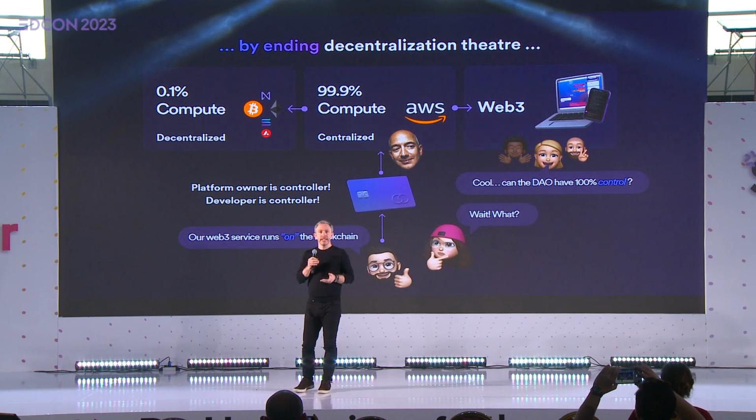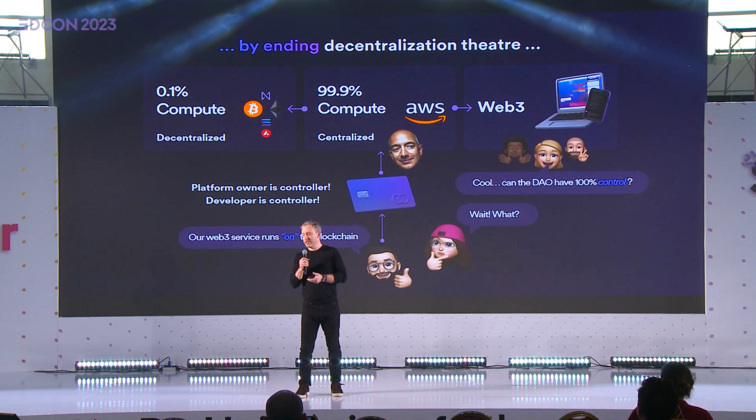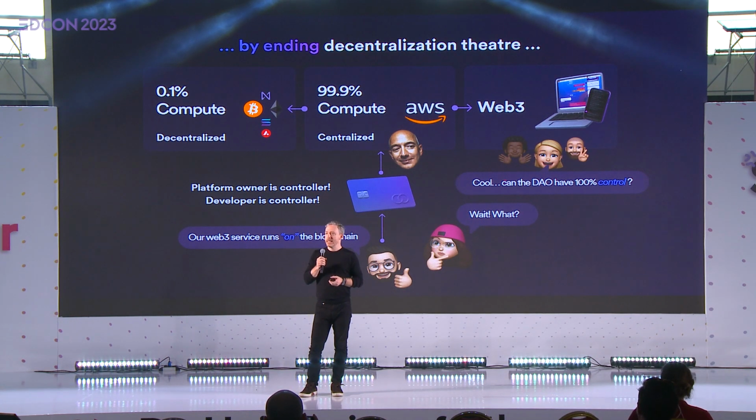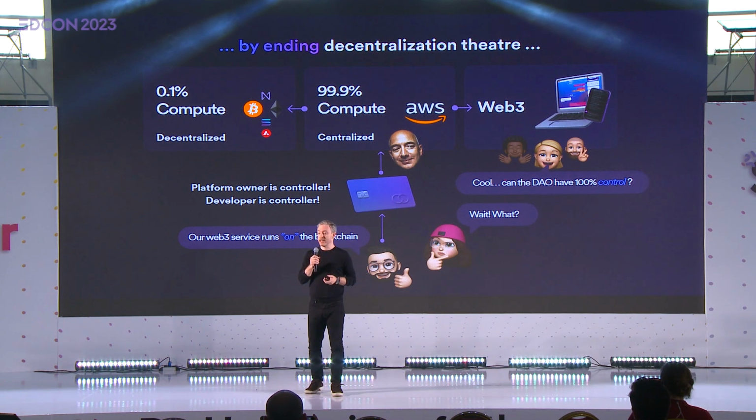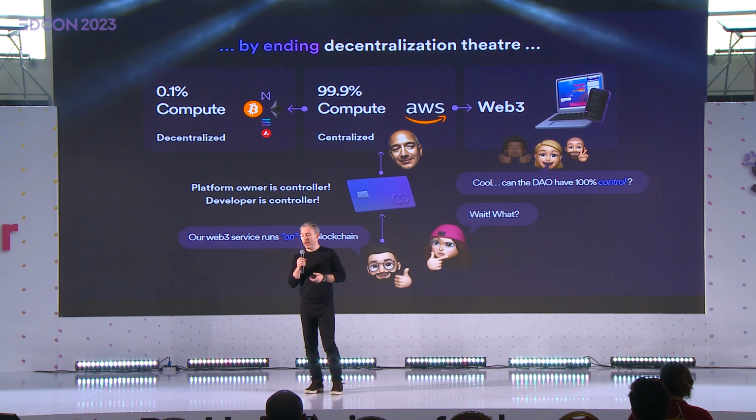So we want to end what we might refer to as a kind of decentralization theater, where 99.9% of compute in the Web3 space remains on centralized tech. So, here's a typical architecture where Web3 is running on Amazon Web Services. And the problem is that the platform owner here, Jeff Bezos, is ultimately a controller of the platform.